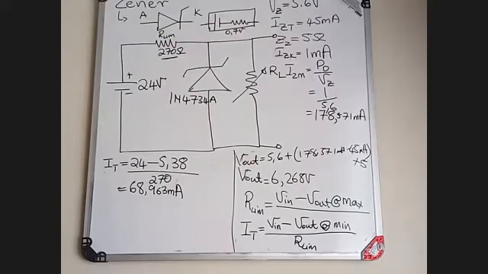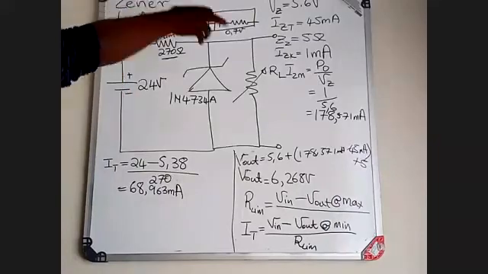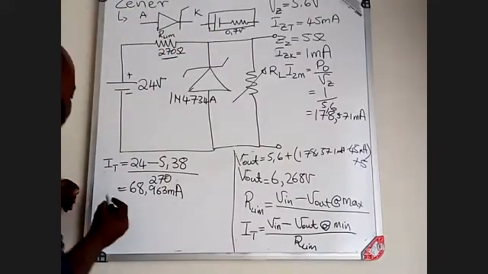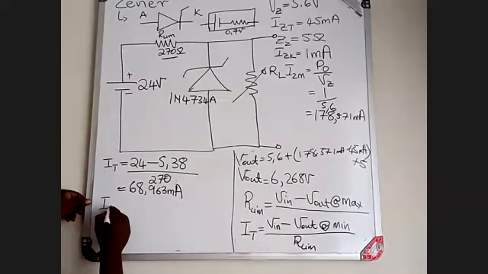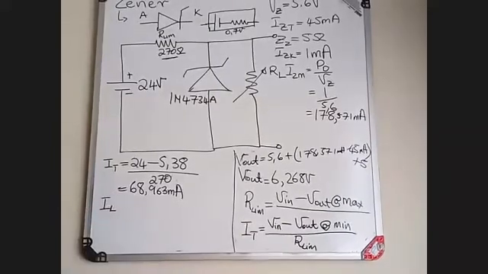Okay. Then from there, once you find the I total, which is the total current drawn from the supply, you're going to say, what is your I across the load? What is your current across the load?